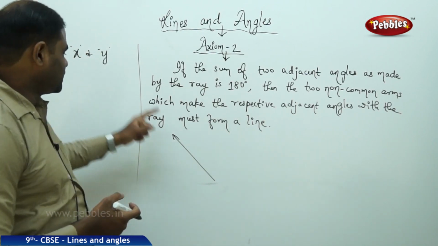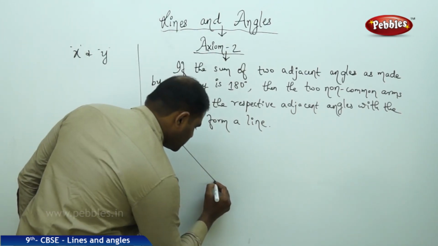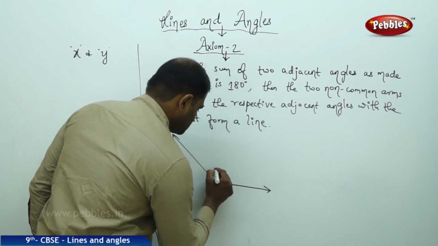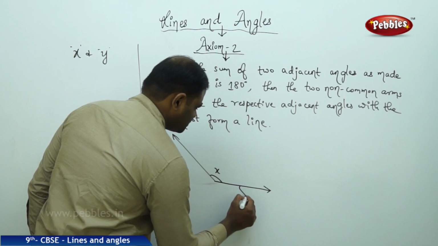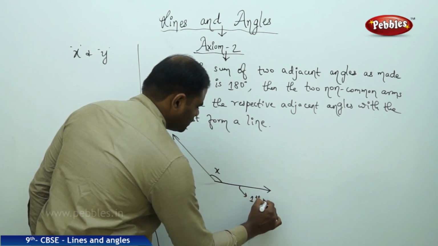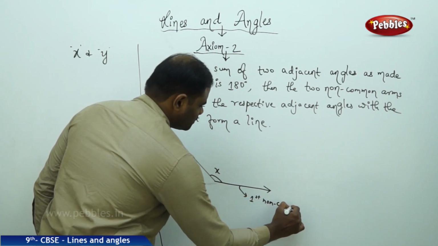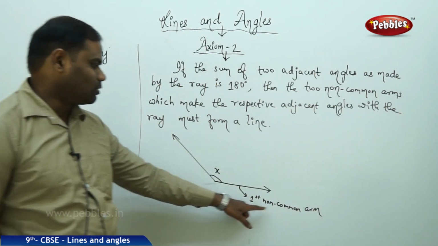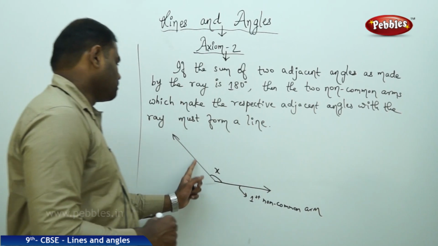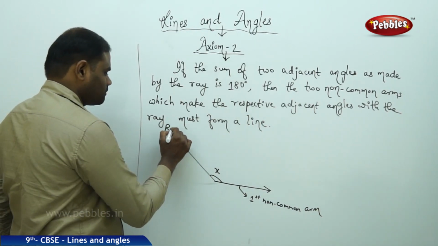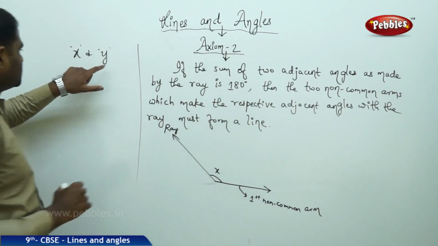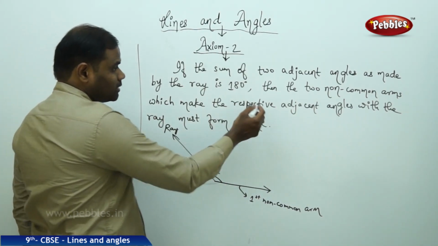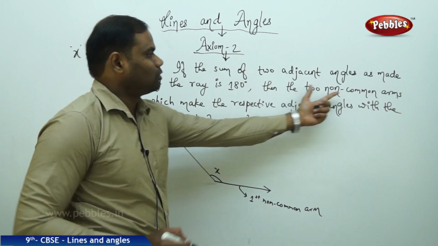Then the angle x which the ray makes, say this is the angle x as made by the first non-common arm. This is the first non-common arm which makes an angle x with this ray. Now there's another angle y which is just adjacent to x and made by the other non-common arm.